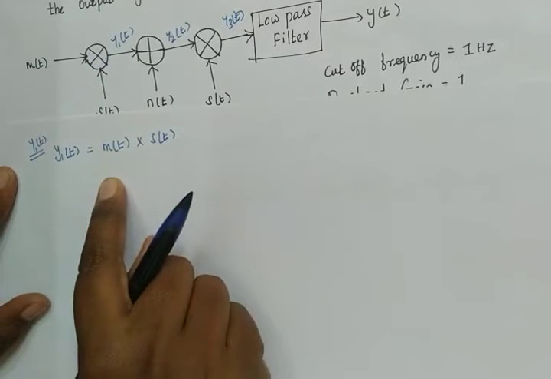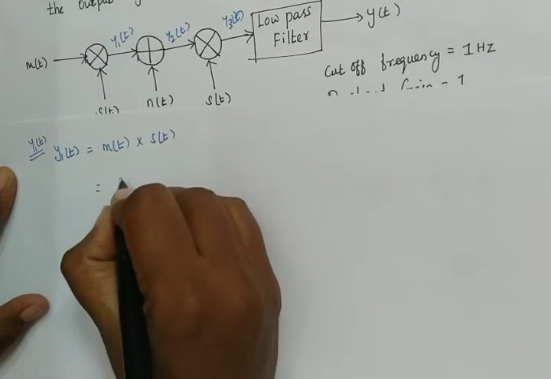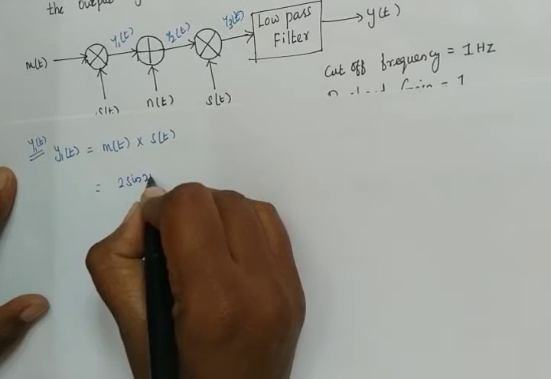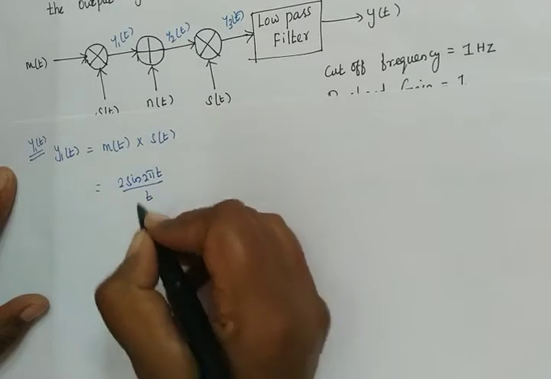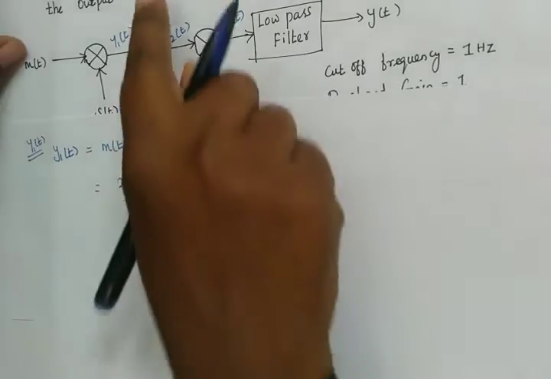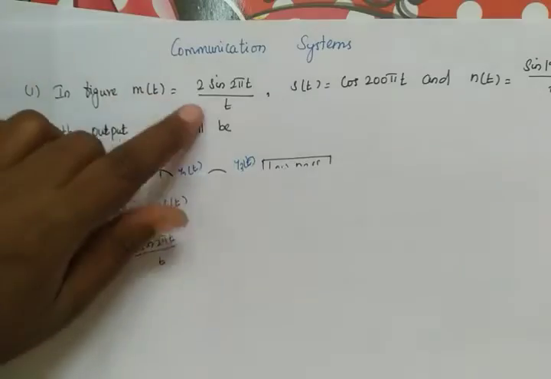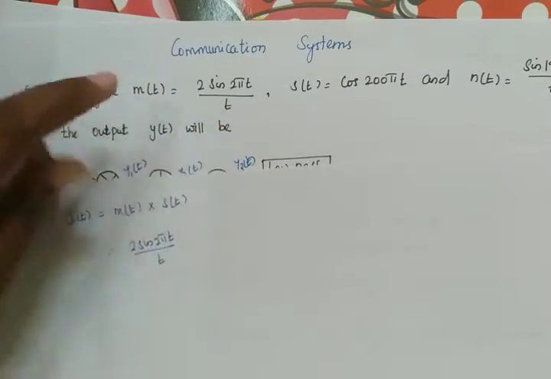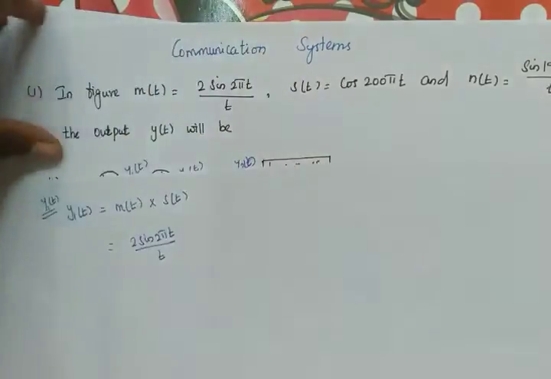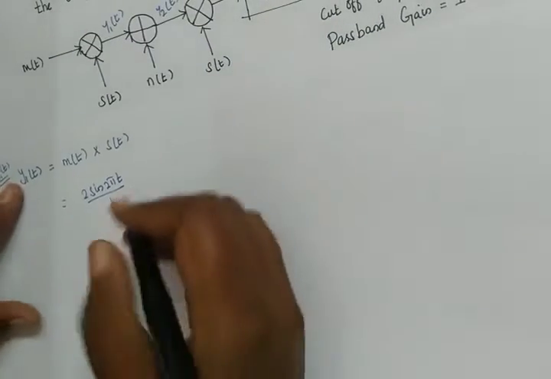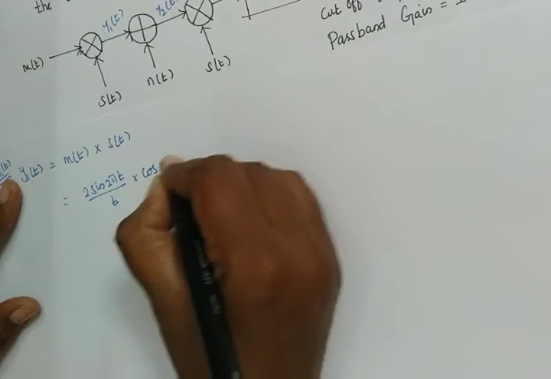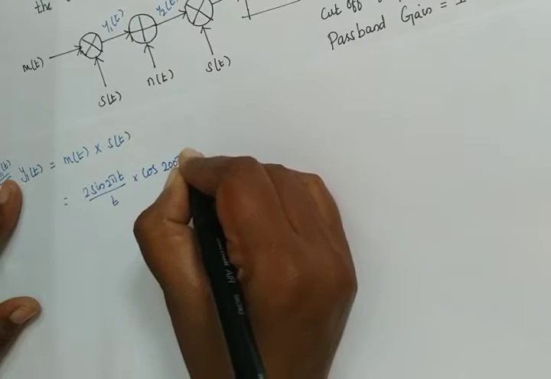What is m of t? That is 2 sine 2 pi t by t, because in the question they have mentioned m of t, and s of t is cos 200 pi t.